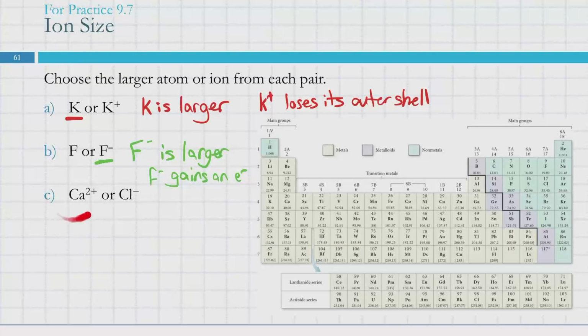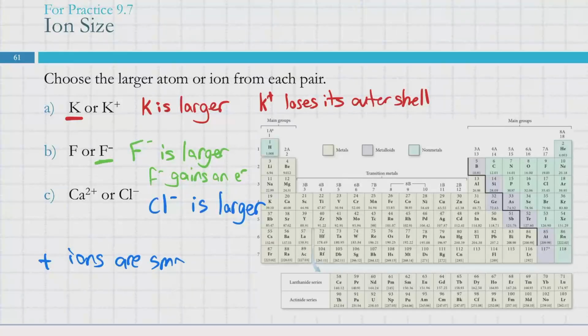And then which is going to be larger, calcium ion or chloride? This is an isoelectronic series, or an isoelectronic set of ions. Chloride is going to be bigger. Cl minus is larger. Positive ions get smaller.